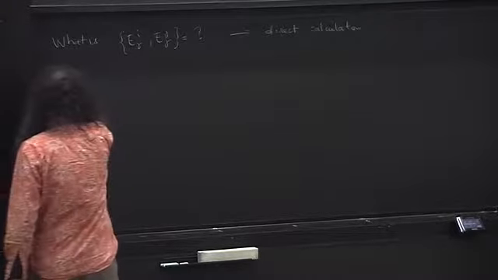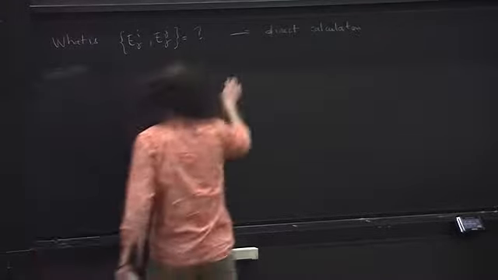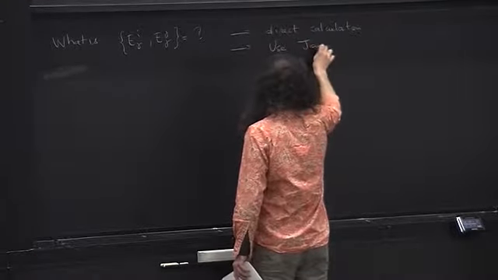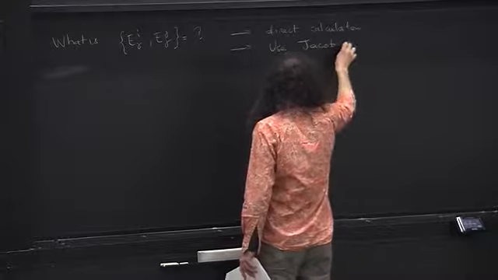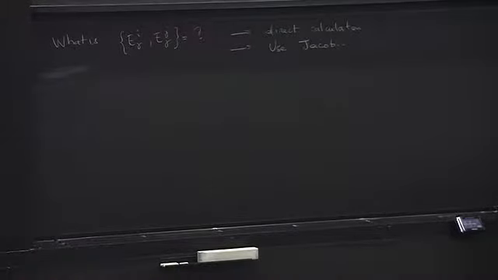Or you can use the Jacobi identity. The Jacobi identity is something that has to be satisfied if you want a Poisson algebra.